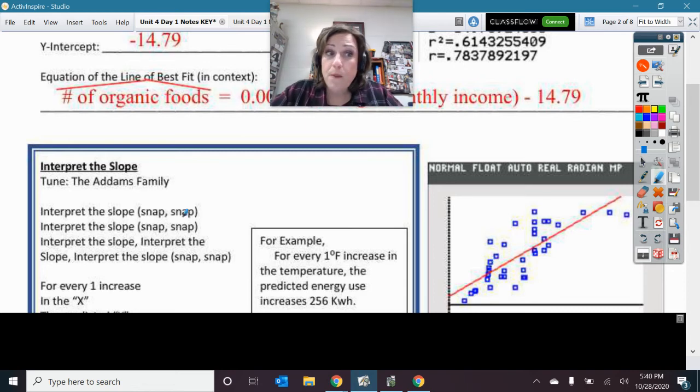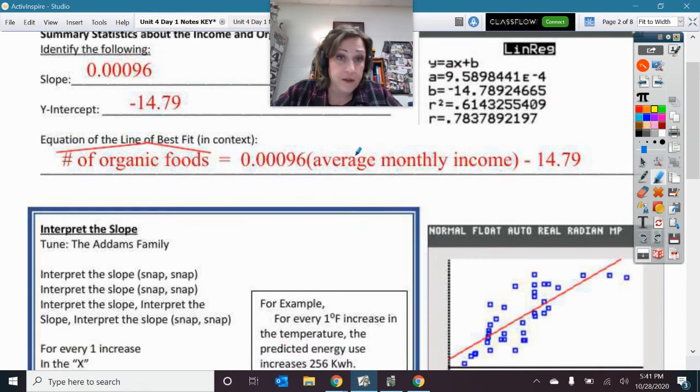So if you just put that the number of organic foods equals this equation, you are saying that for a fact, if I tell you the monthly income, then you can tell me the number of organic foods. And that is not the case. I can tell you approximately what the number of organic foods are. In fact, if you take a look at this line, how many dots are exactly on that line? Maybe 1, maybe 2. I don't even think there is that.